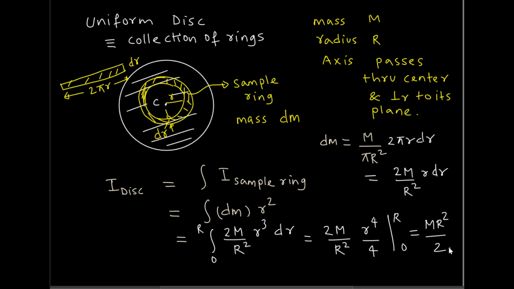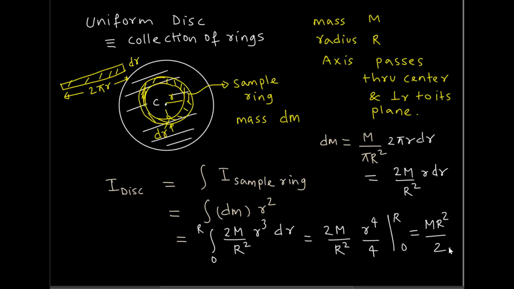Now, let's think about it intuitively. If a ring and a disk have the same mass and the same radius, which is difficult to rotate about the axis passing through the center and perpendicular to the plane? The ring. The ring is difficult to rotate. The reason is the mass of the ring is actually present away from the axis of rotation.